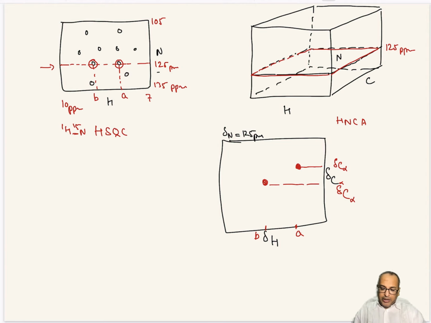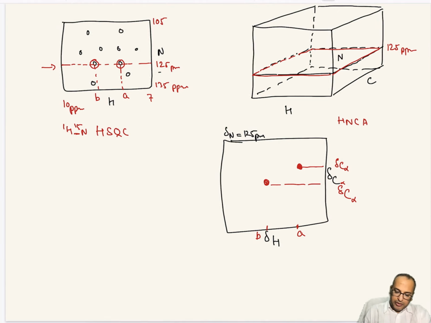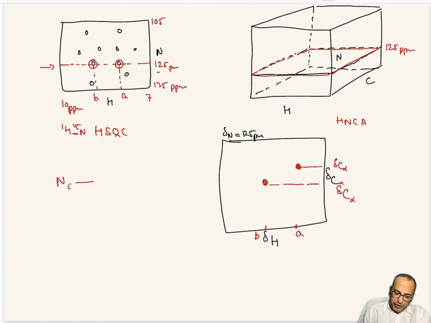Now we can also understand that the magnetization is transferring from nitrogen of residue i to C alpha of i as well as C alpha of i minus 1.